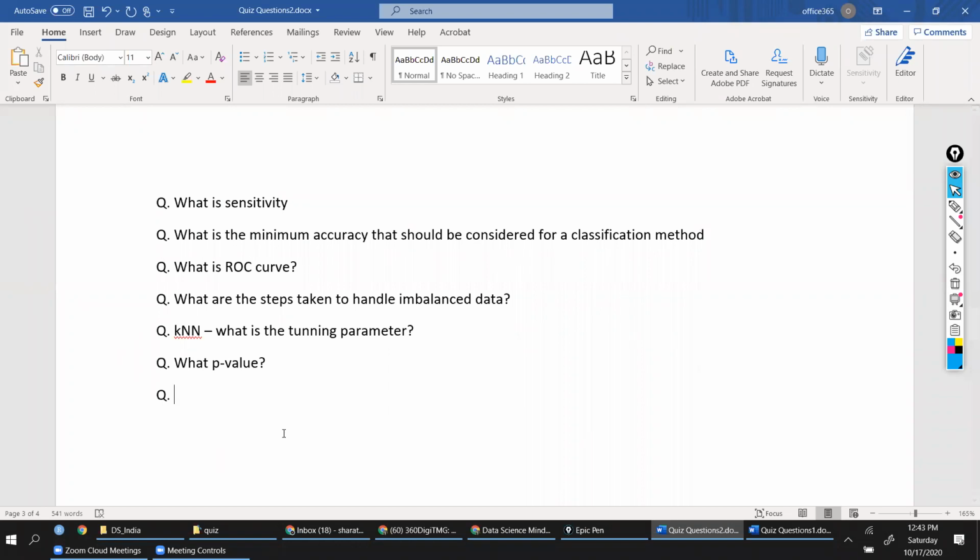In classification techniques, what is Bayes' theorem? Yes, it's based on conditional probability. Very good.